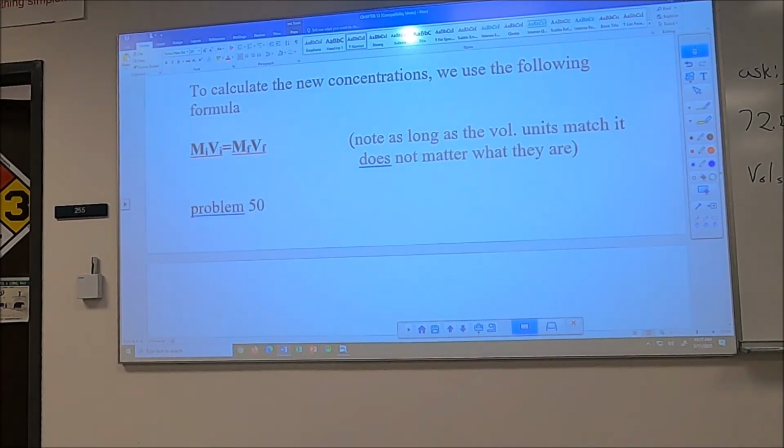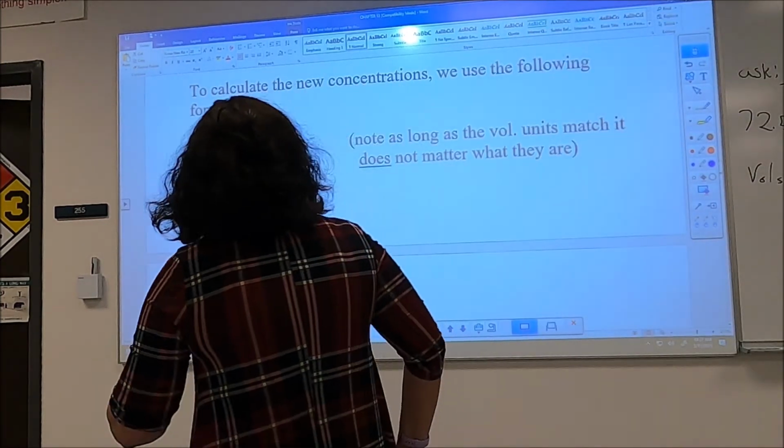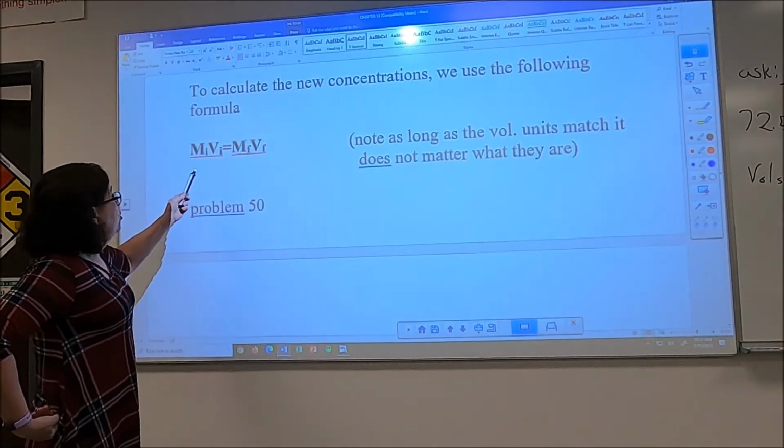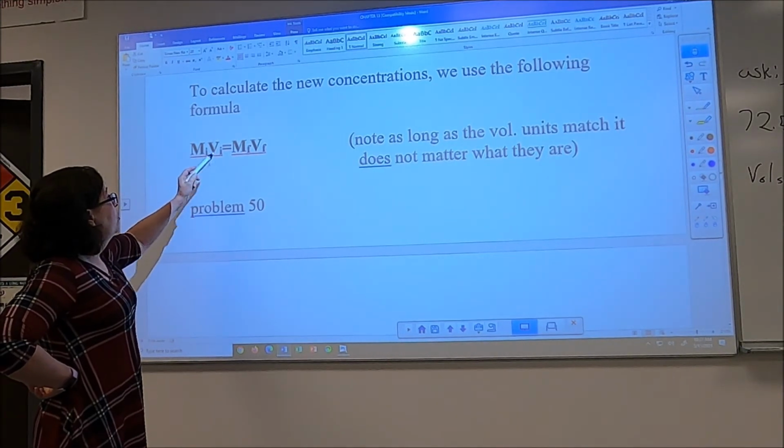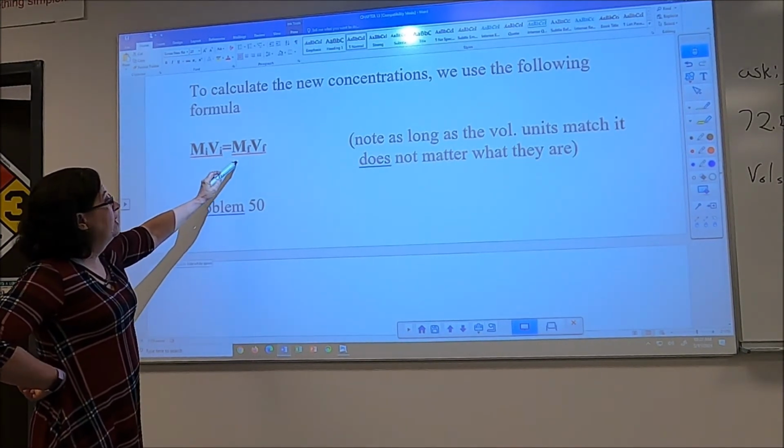So understanding dilution is important when you want to look at how you're setting the stage for a chemical reaction to happen. So this isn't something to blow off, guys. This is something you're going to use over and over and over again.